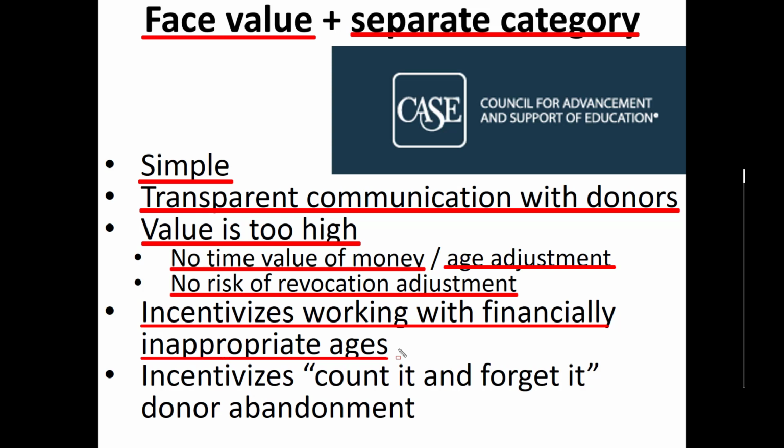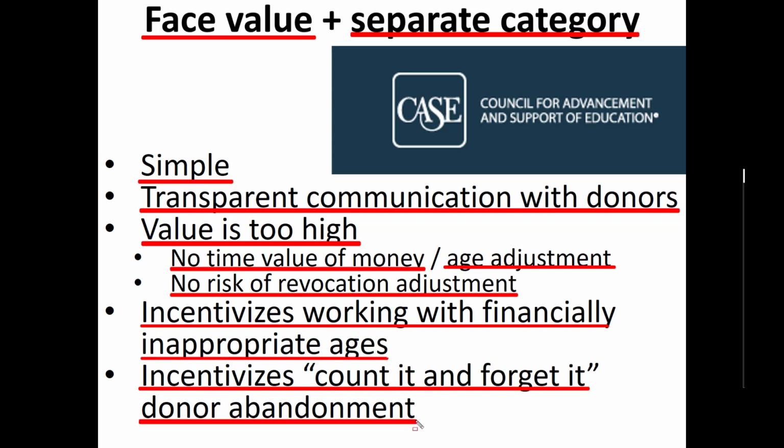And so it incentivizes working with financially inappropriate ages. It steers fundraisers away from doing the really hard and valuable work of working with much older donors. And finally, it incentivizes count it and forget it donor abandonment, right?